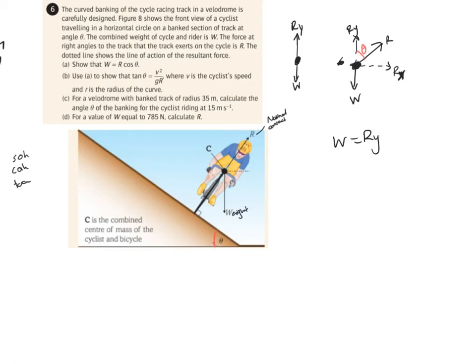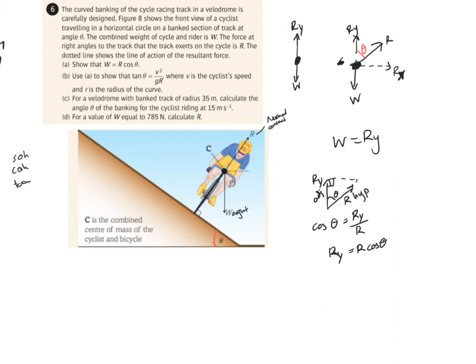So if I redraw this as a triangle, it will be adjacent over hypotenuse, so cos theta is equal to adjacent, which is Ry, over R. So the component of R in the Y direction is R cos theta.